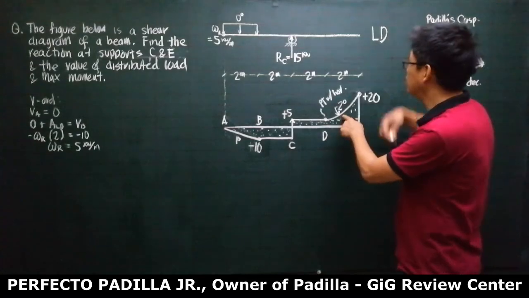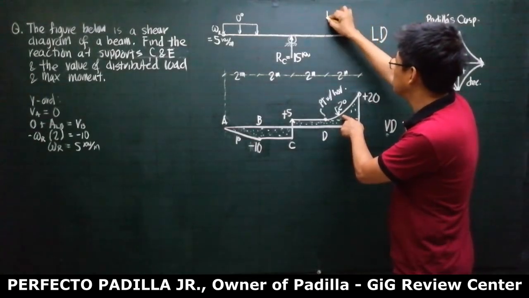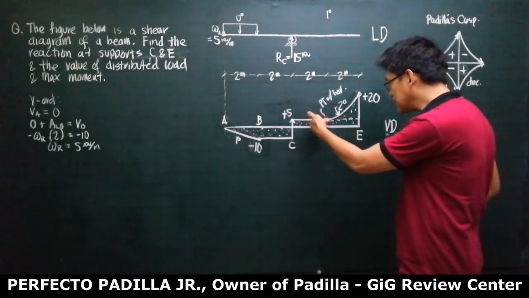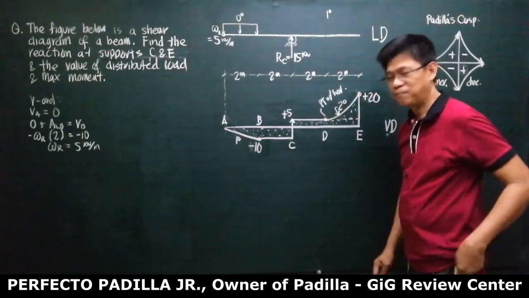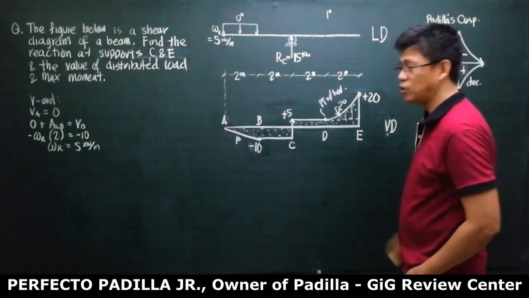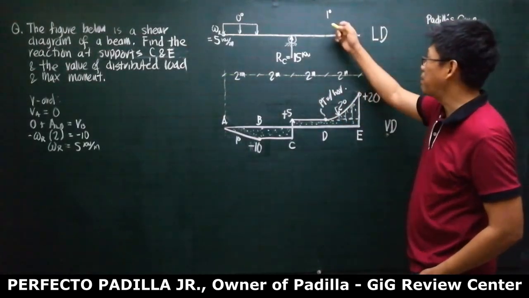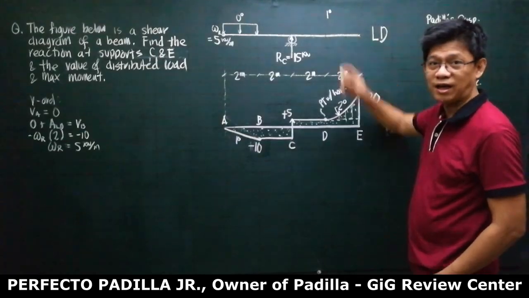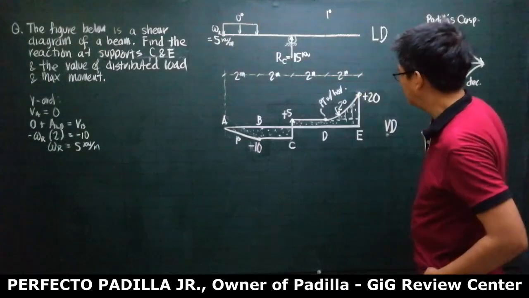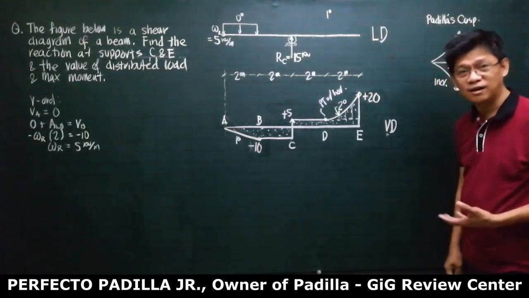If this is second degree, then the curve here must be first degree, right? And this is increasing, right? So this is going up. So it means this is a positive area. You get it? Now, we will have to look for our diagram here.